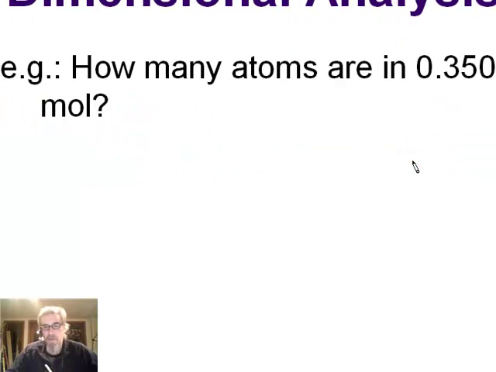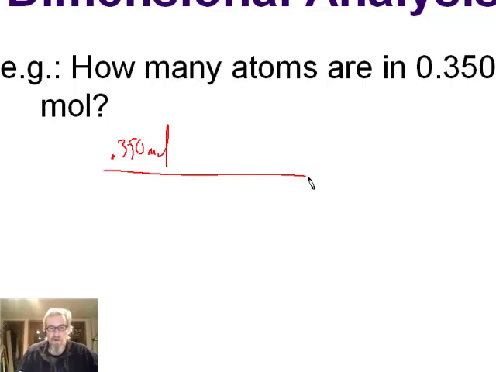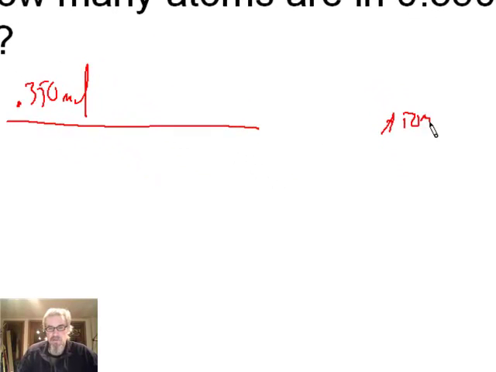This is also useful for problems that have nothing to do with unit conversion. For example, we've been using proportions to go between atoms and moles. We can do that with dimensional analysis too. Watch this. Starting out with 0.350 moles, I want to know how many atoms that is. Well, here's a factor.